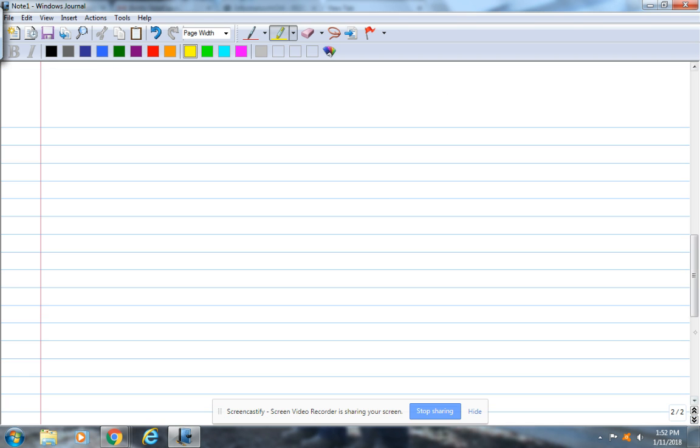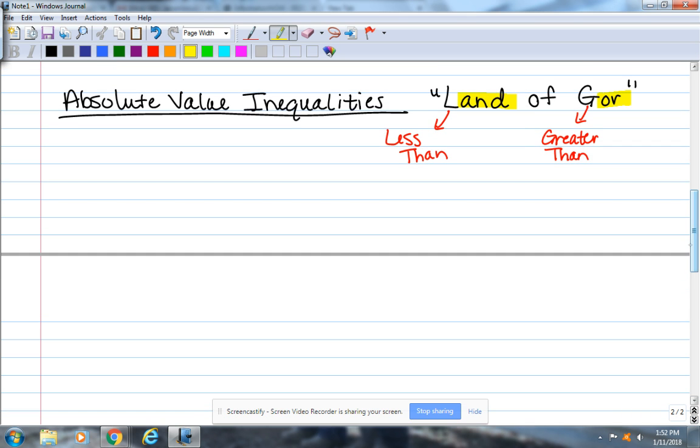So, let's say I write this one. What example is this? D? Okay. So example D here. Say I have this example. Absolute value of 4x plus 5 is greater than 13.